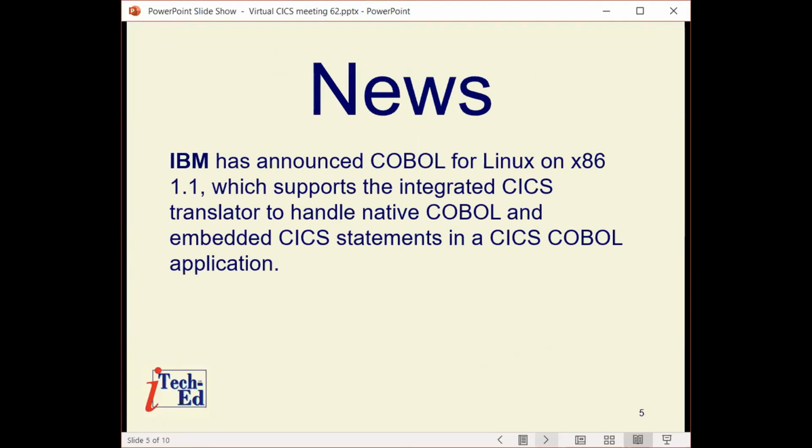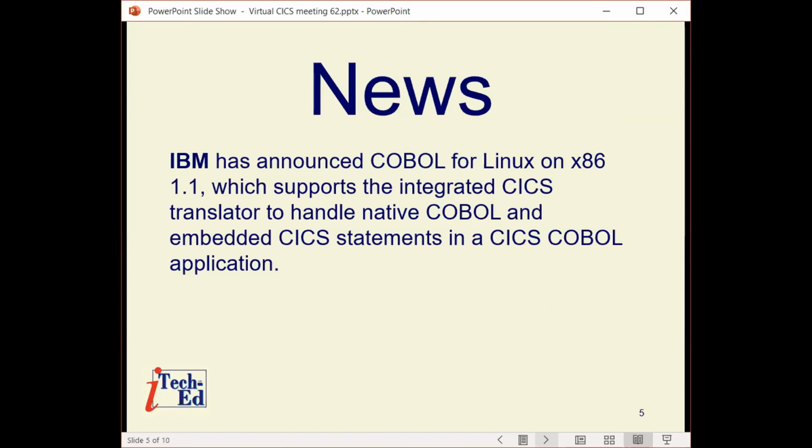This enables COBOL batch applications to access VSAM emulated files stored in DB2 and CICS TX SFS. COBOL for Linux on x86 in conjunction with IBM TX Series for Multiplatforms is compatible with IBM Enterprise COBOL for z/OS and IBM CICS Transaction Server for z/OS.